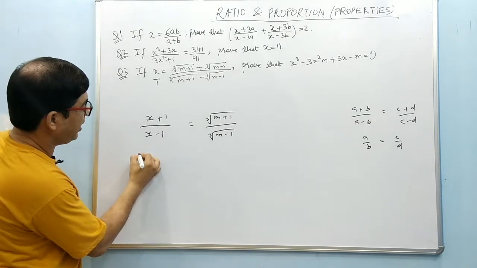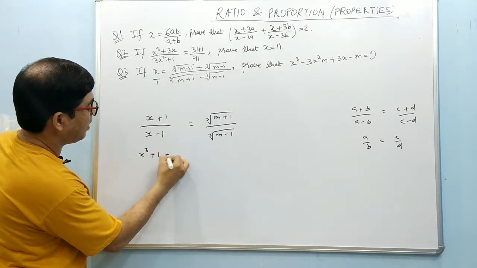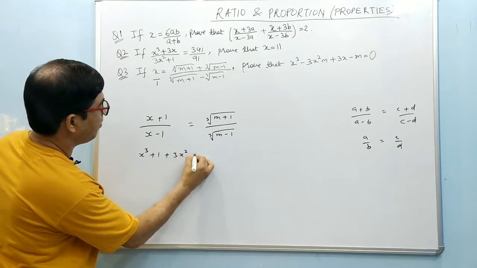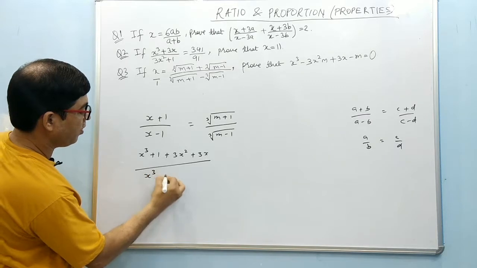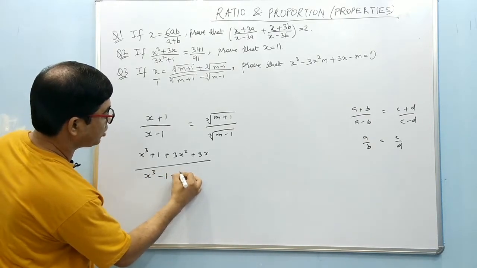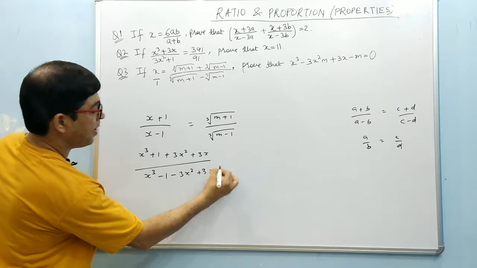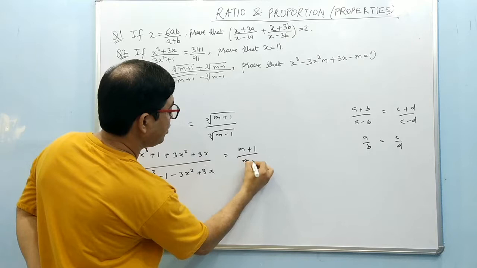Now cubing both sides, it will give us the cube expansions on the left, and on the right it is (m+1)/(m-1).